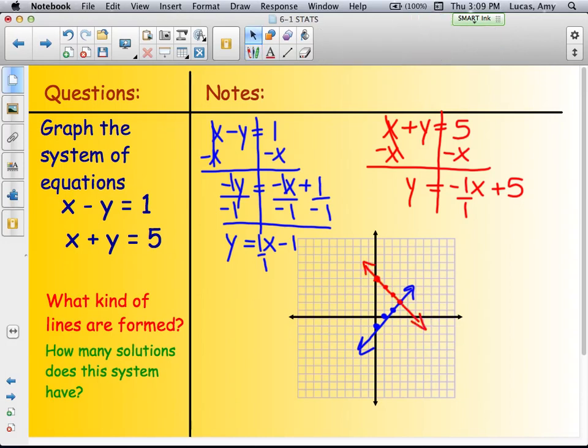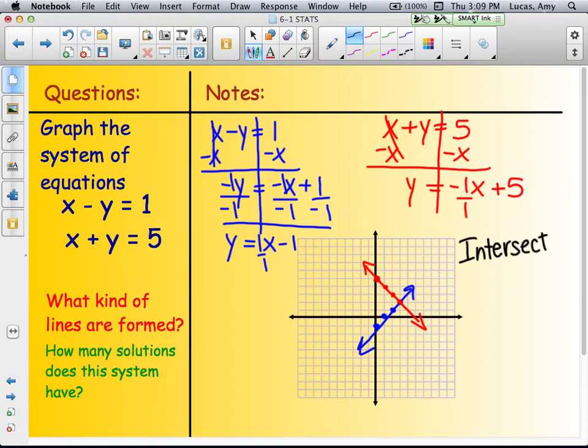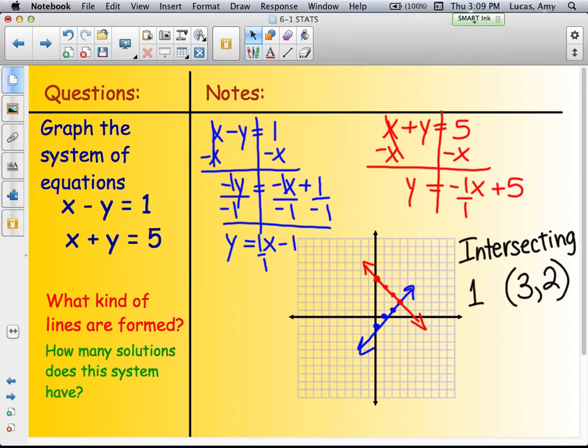So these lines are intersecting, which means that they have one solution. And then that one solution we can name as an ordered pair. So from the origin, it's 3 to the right and up 2. So 3, 2 is my solution. So intersecting lines are formed. There's one solution, and that solution is 3, 2.